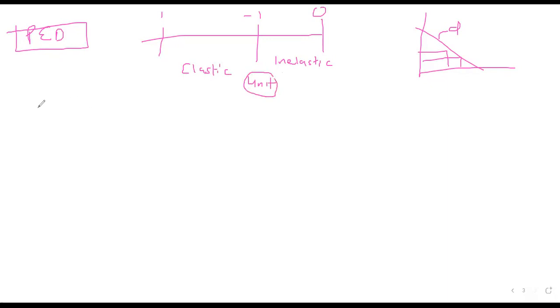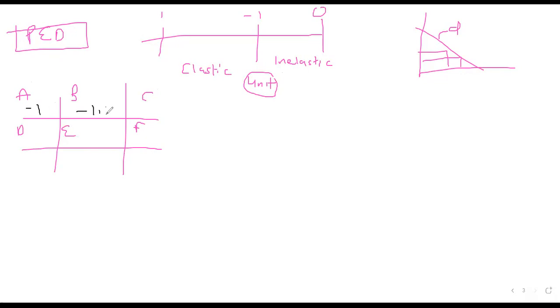So in this case, if we have the following elasticities, we have A, B, C, D, E, F. So in terms of elasticity, if we have -1, -1.1, -2, -0.5, -0.99, -9.99.